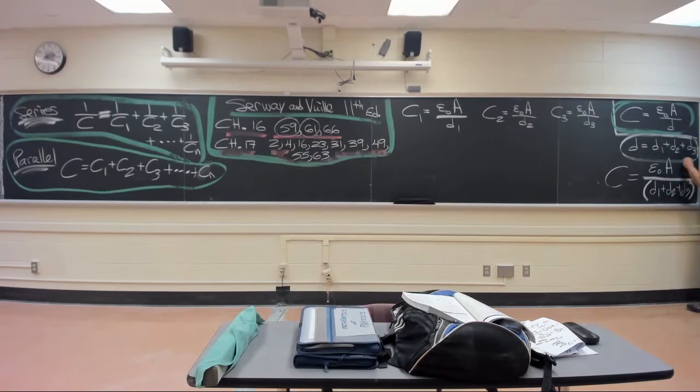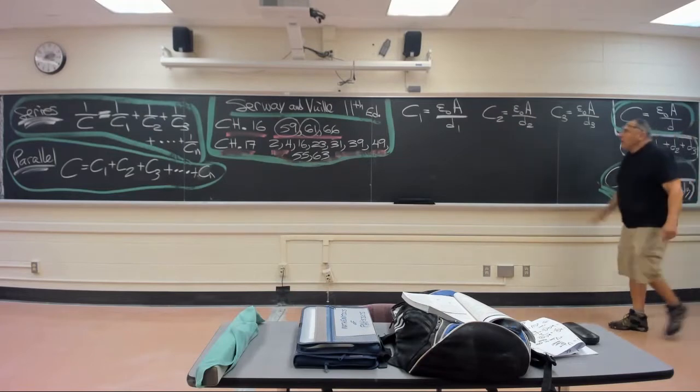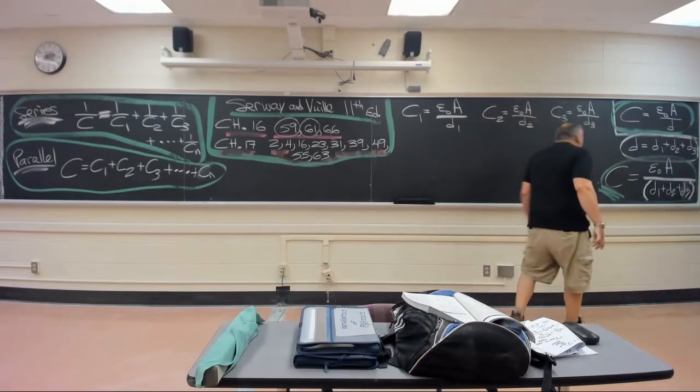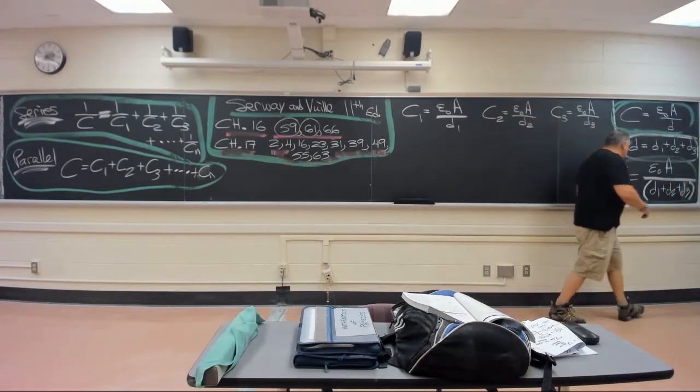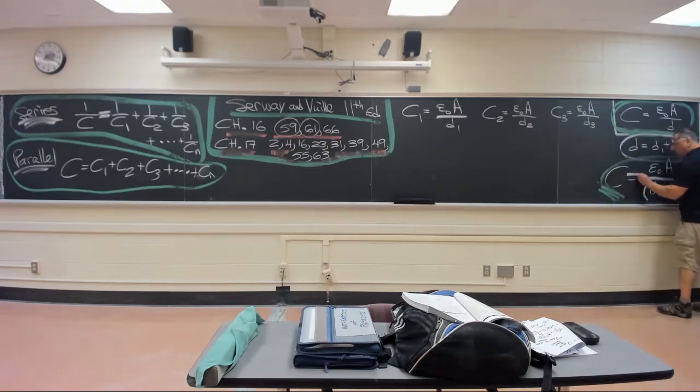What we got to show, if we do this, we're in good shape. We can just show this. We're hoping we draw this as a conclusion. The resultant capacitance is going to be equal to this.